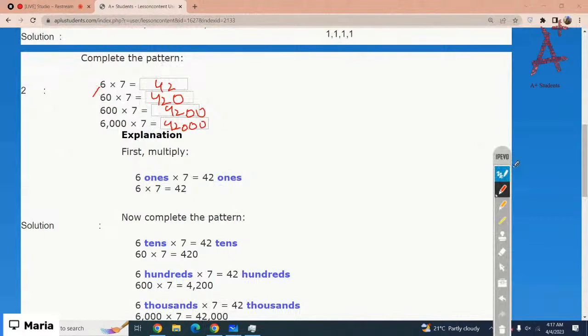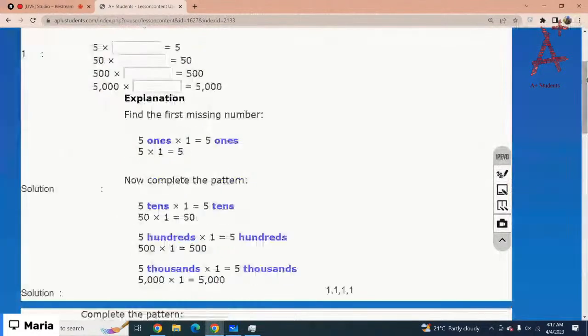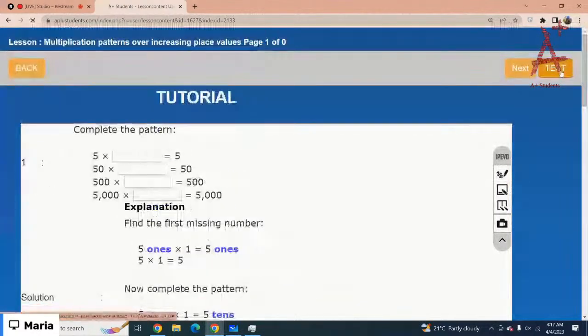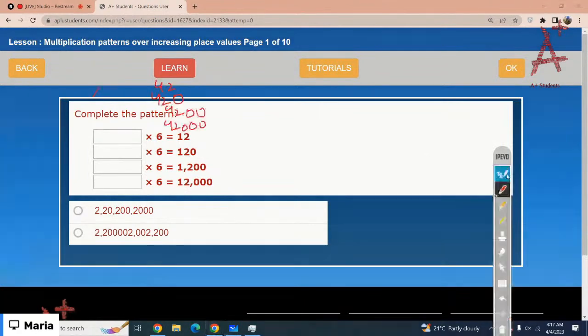Let's just start with the test question so that we can do the practice questions. Okay, 6 times what number makes 12? 6 times 2 makes 12.